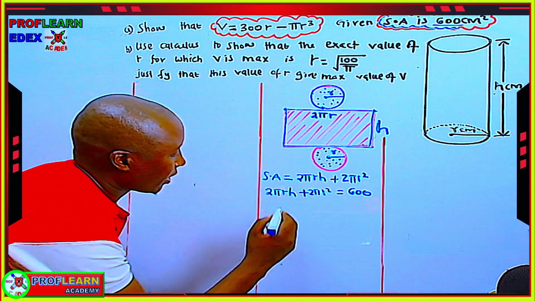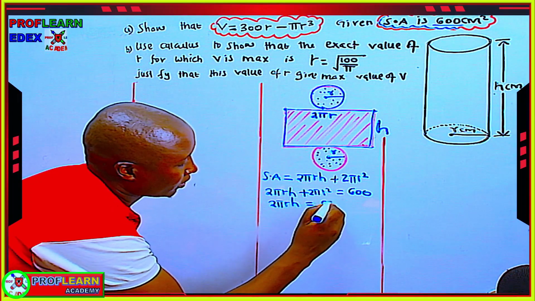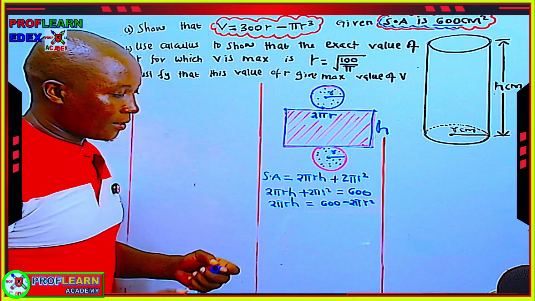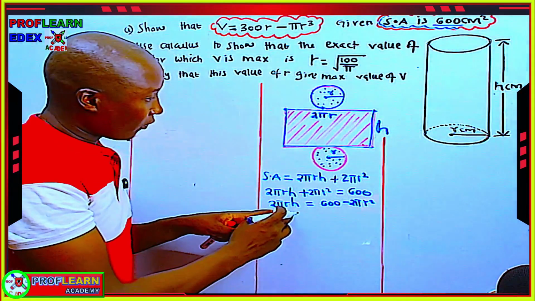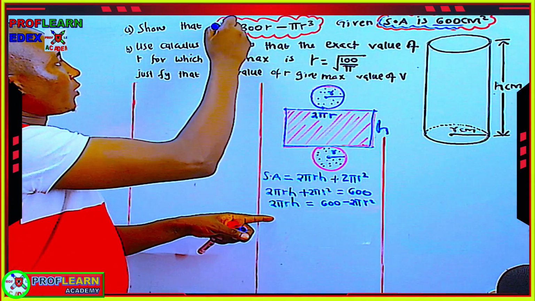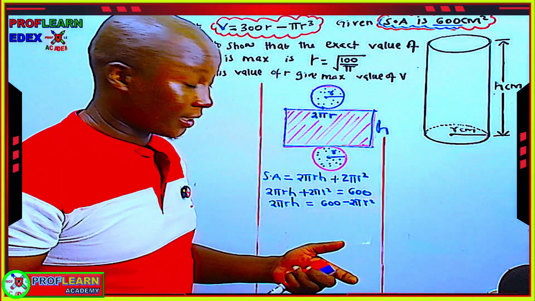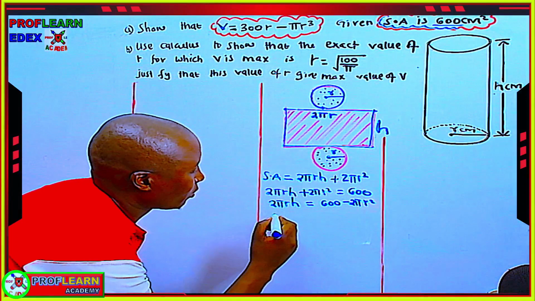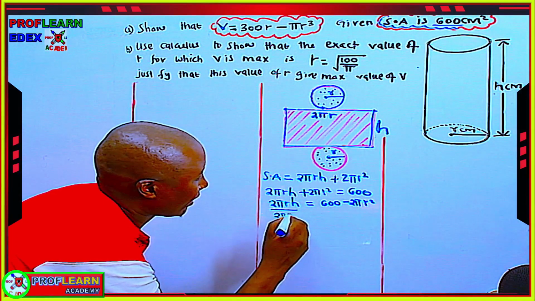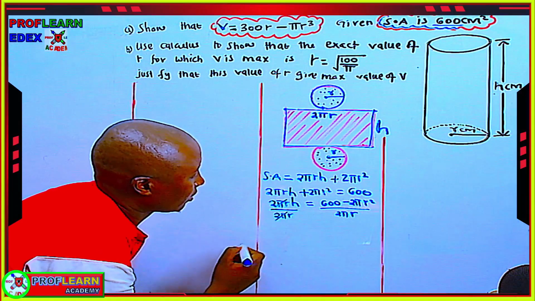So we can say 2 pi r h is equal to 600 minus 2 pi r squared. The reason I'm doing this is that I want to find the value of h, so that I can use it to find the volume, because in this volume you can see we don't have any h. If I divide all through by 2 pi r, this and this will cancel out.